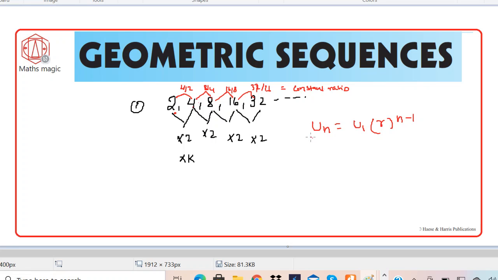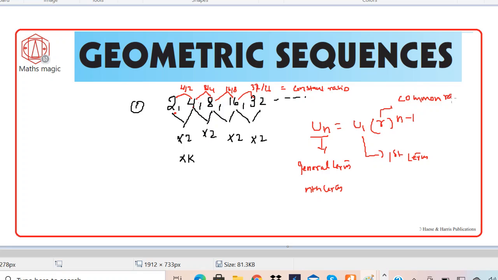Here, as you know, u_n is your general term or nth term, u_1 is the first term, and r is called the common ratio.